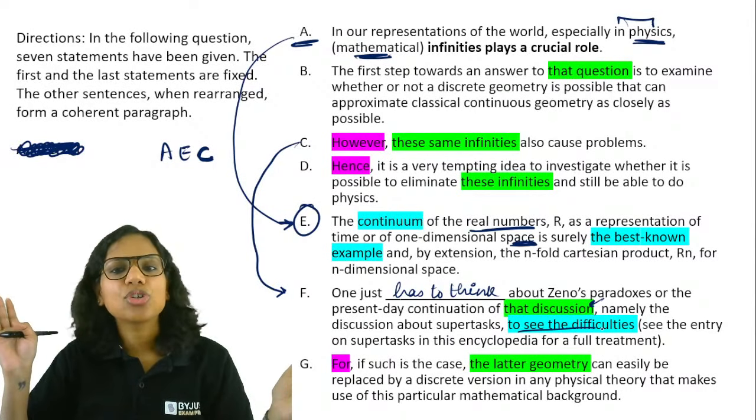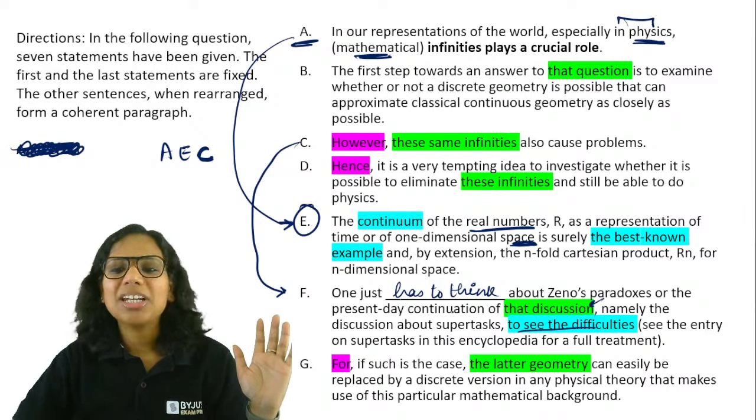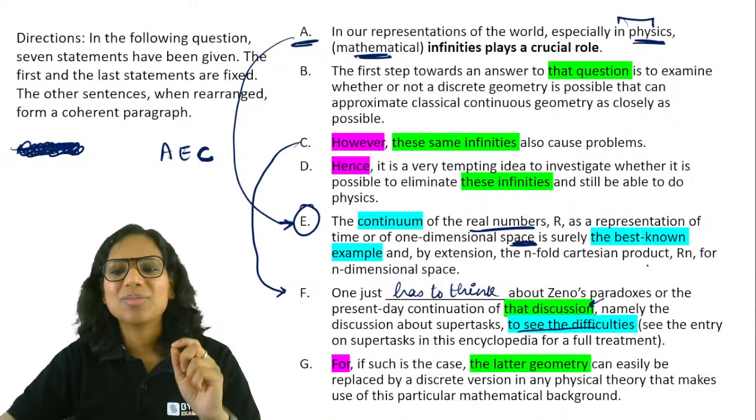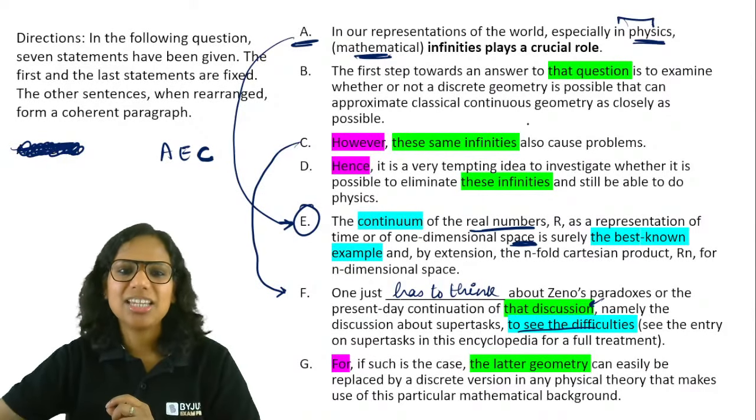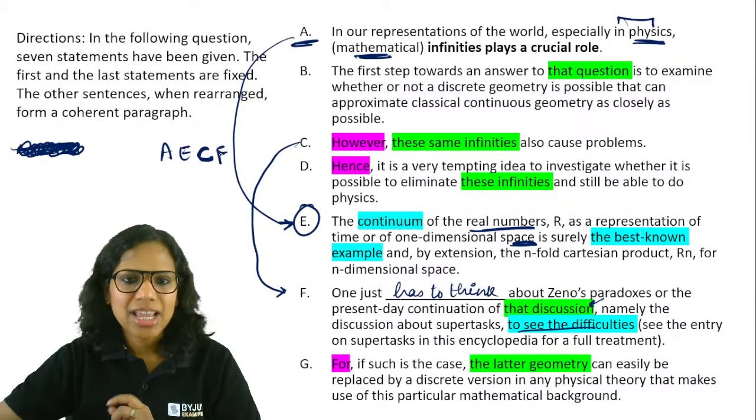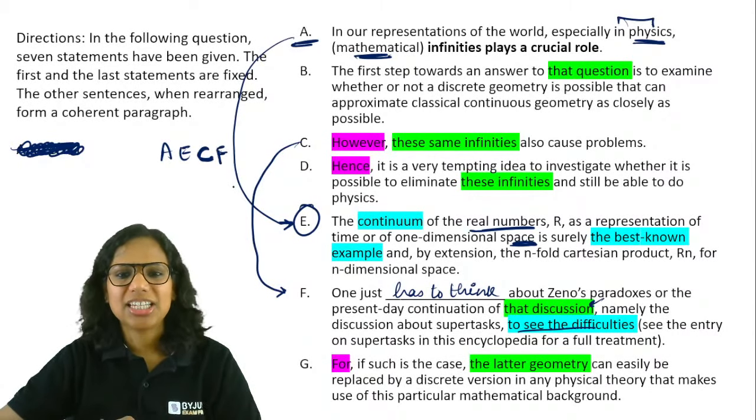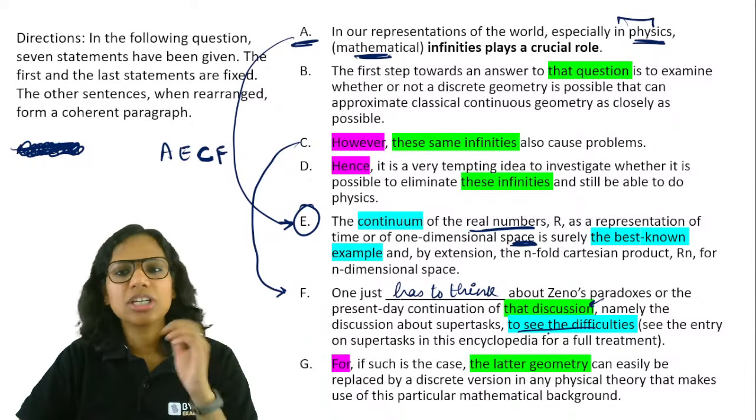See, even I don't know what super tasks are, right? But I understood, to see the difficulties, that means I'm talking about the problems, right? So F should come here, right? So one just has to think about this to see the difficulties, to see these problems.